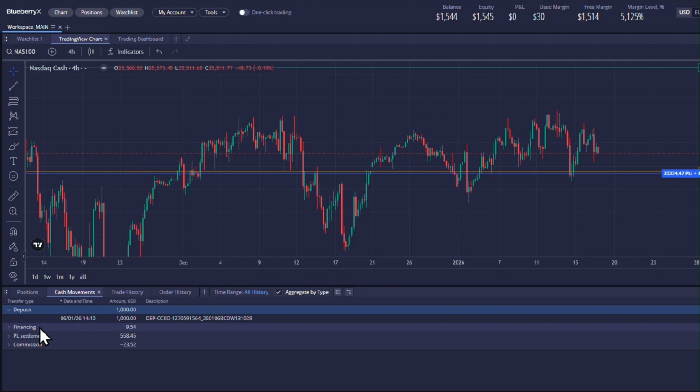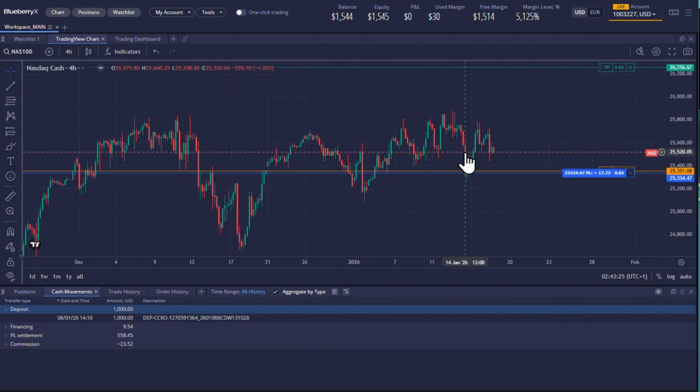Carry trade, for those of you who know it: when you hold a trade with a high interest rate, the broker can reward you with positive swap fees. All right, I just scrolled a little bit to show you this is effectively a live account, funded at the beginning of January. So I have already made some profit on this account.